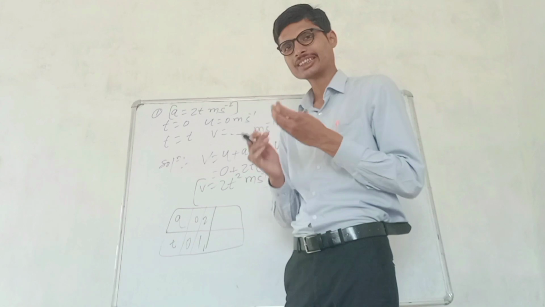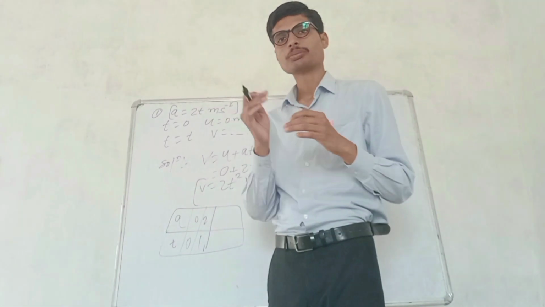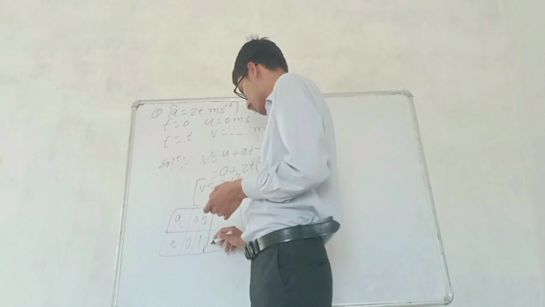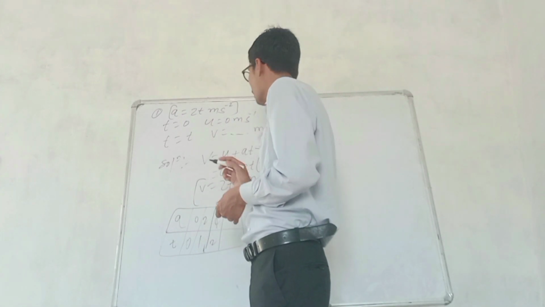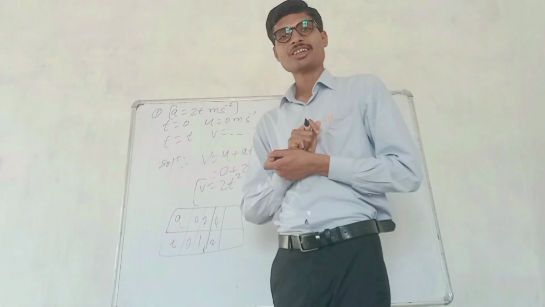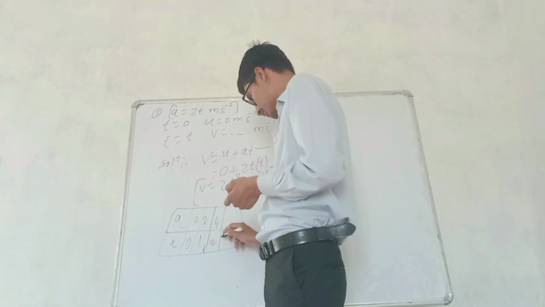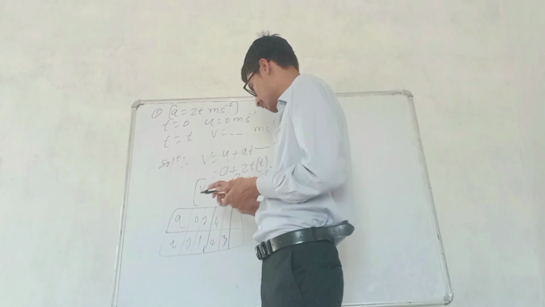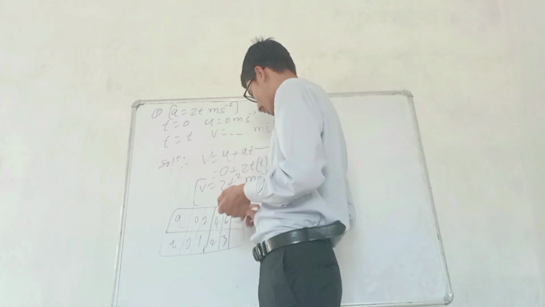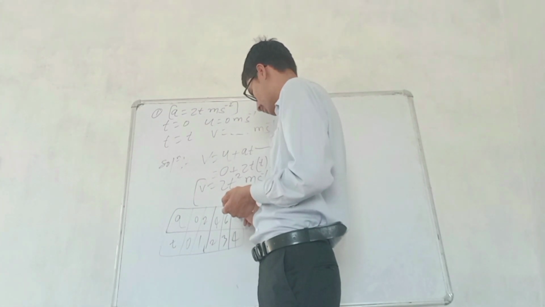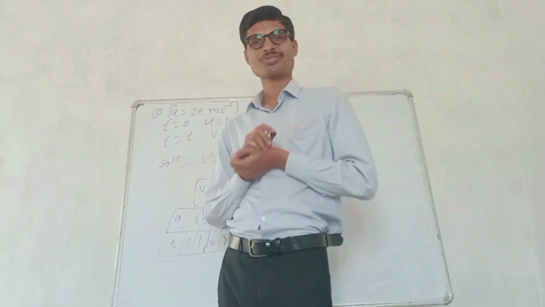If time is 2 seconds, then it will be 4 meter per second inverse 2. If time is 3 seconds, it will be 6 meter per second inverse 2. If time is 4 seconds, it will be 8 meter per second inverse 2.